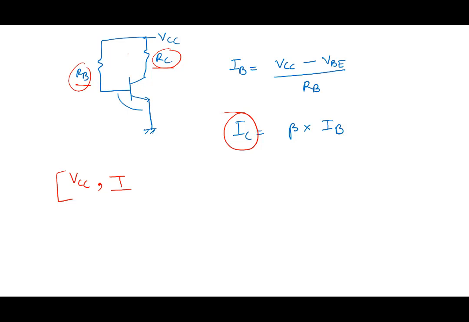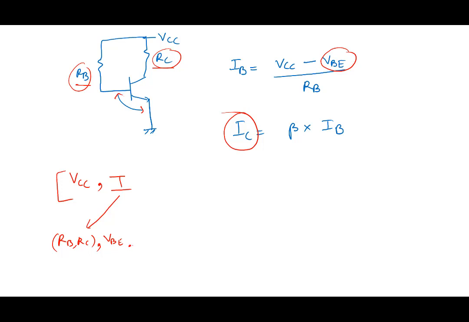A change in temperature will cause the value of the resistor to change, and therefore the value of IB to change and everything else. Now temperature has two things here, right? So let's put here, temperature causes RB and RC to change. Another thing that temperature causes is the VBE, the diode voltage, to change. We saw that earlier.